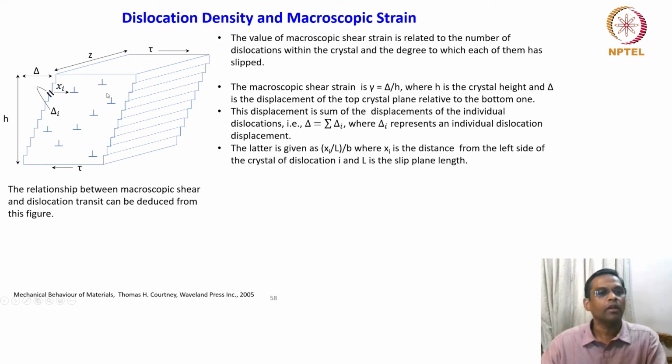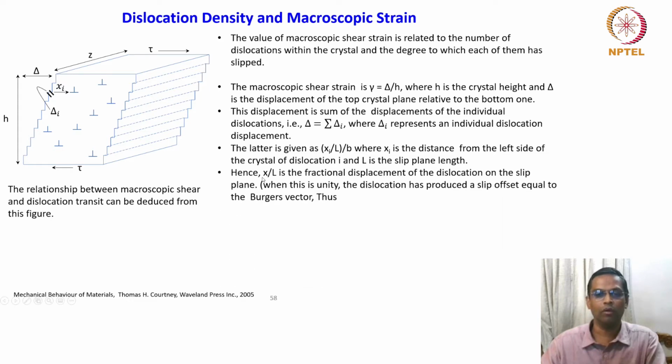Okay, this is for an individual dislocation, so this we know. Hence, x by L is the fractional displacement of the dislocation on the slip plane. When this is unity, the dislocation has produced a slip offset equal to the Burgers vector. Thus, we can write the shear strain as b by L h.